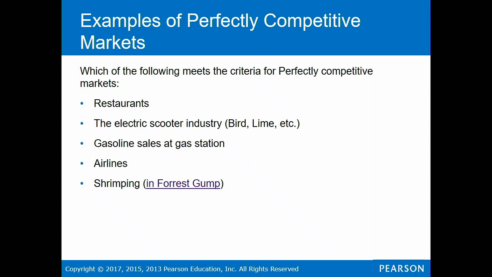So think of those three conditions for a perfectly competitive market. Can you answer me whether the following meet these criteria? How about restaurants? Do restaurants in general, would these be considered perfectly competitive?